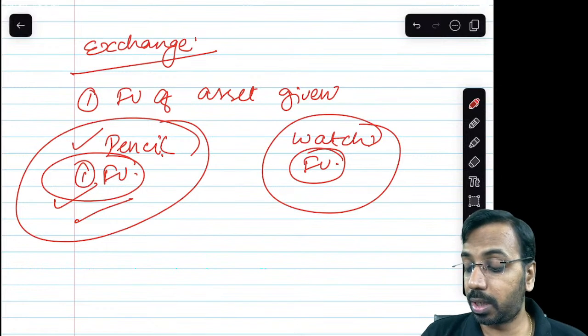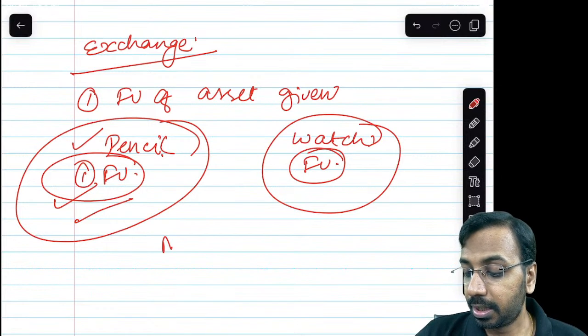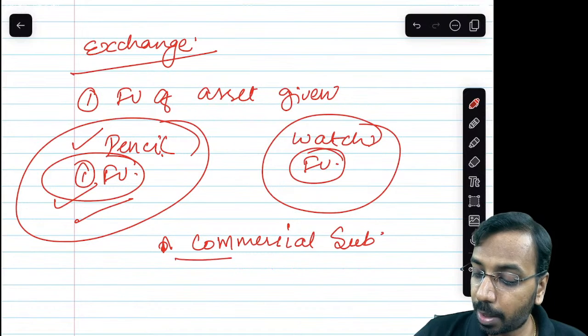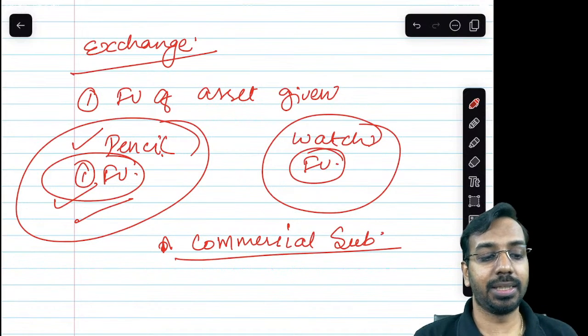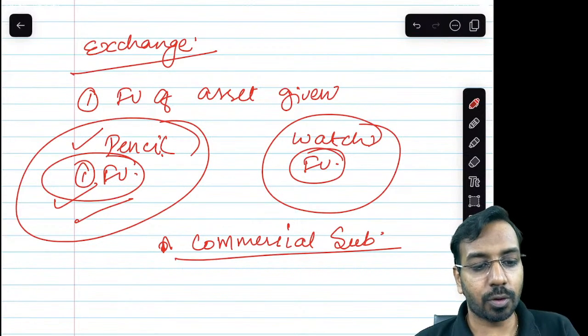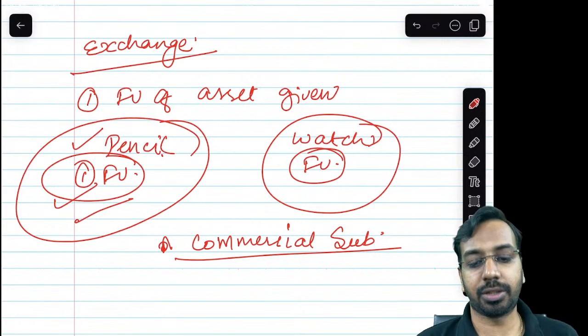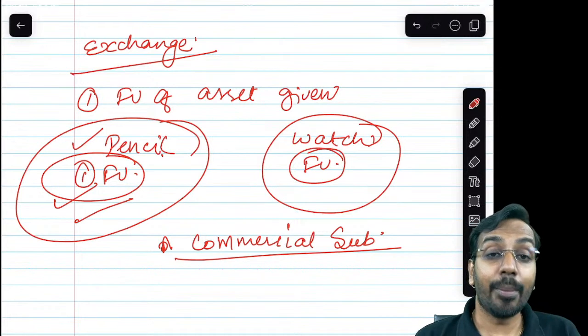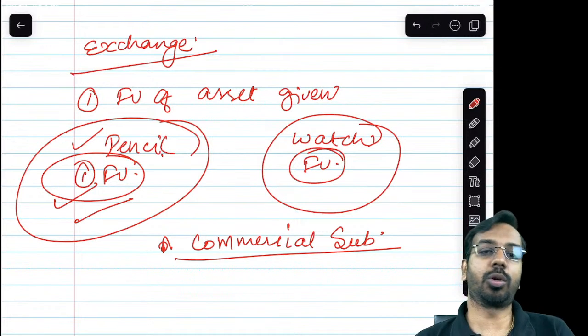But one thing you have to consider is, does the transaction have commercial substance? Commercial substance means after exchanging the assets, your cash flows or my cash flows should undergo a change. The timing of the cash flow, the risk associated with the cash flow, the amount of cash flow, all of that should undergo a change.